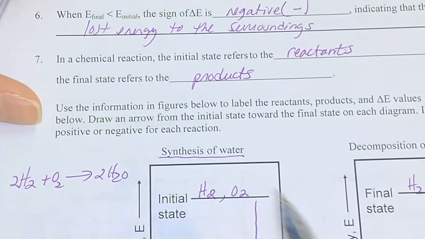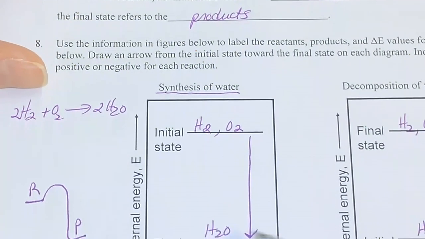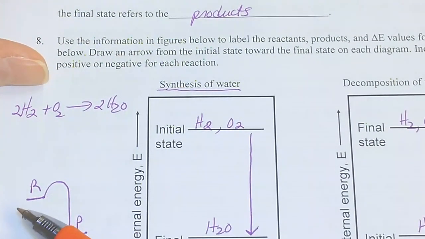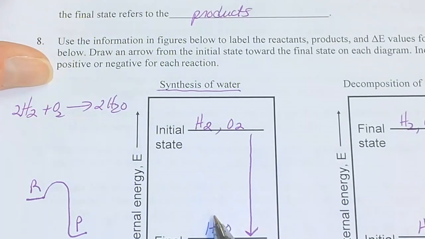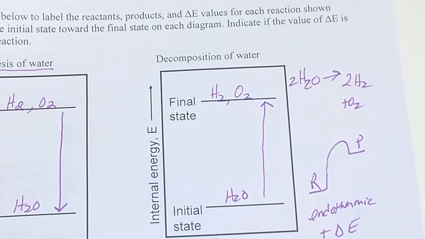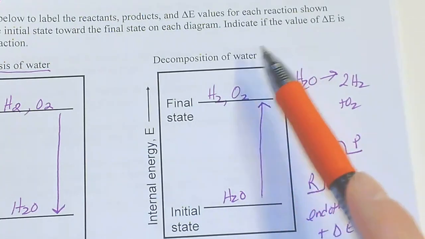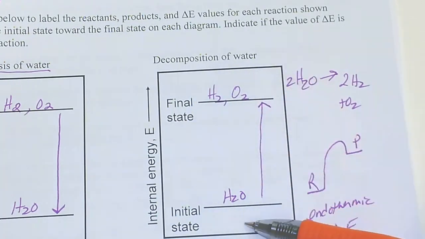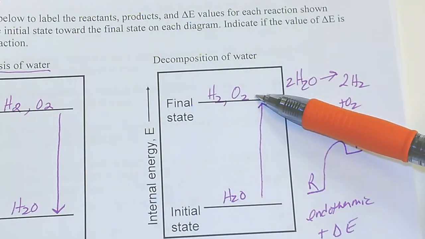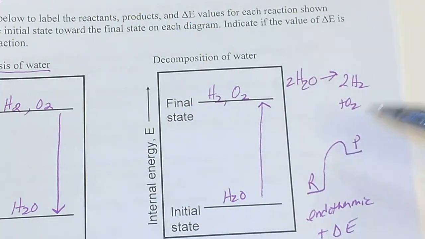For our synthesis of water, we had a decrease in our internal energy, an exothermic reaction as we go from reactants to products and create more stable products. For our decomposition of water, we have our final state as the hydrogen and oxygen, which is an increase in that internal energy, and an endothermic, positive delta E value.